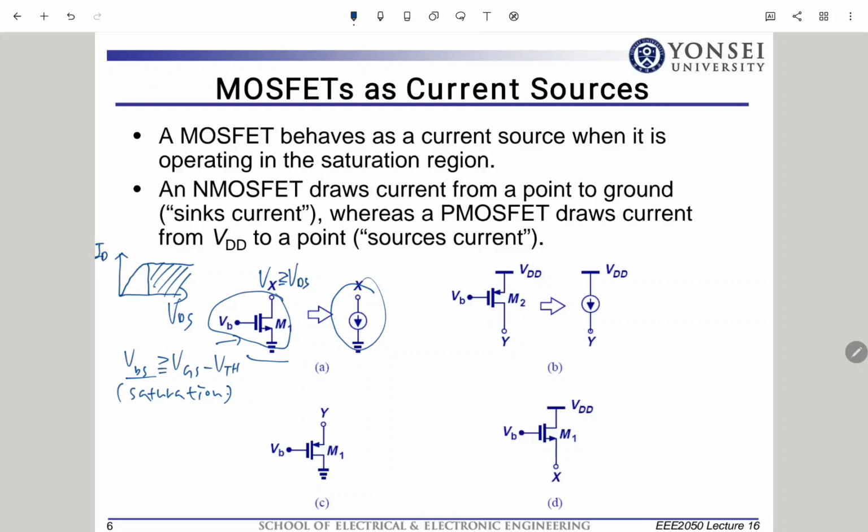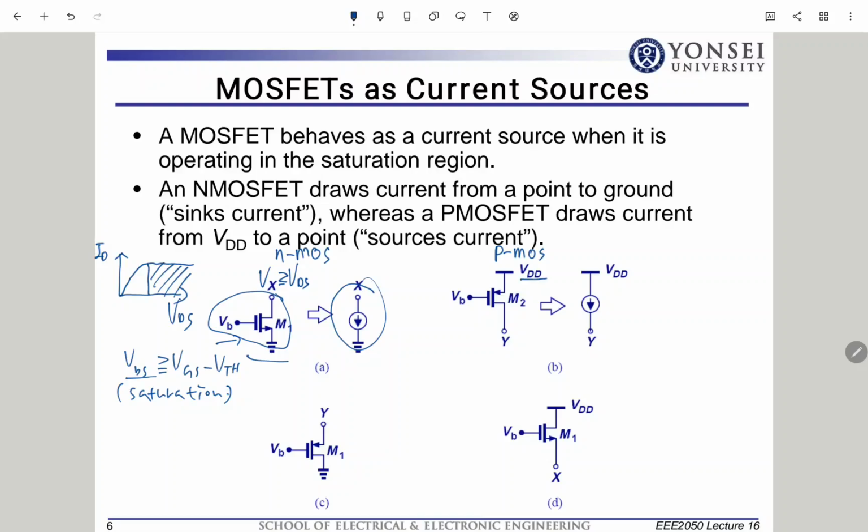So here is the NMOS as a current source. What about here? Here is the PMOS.